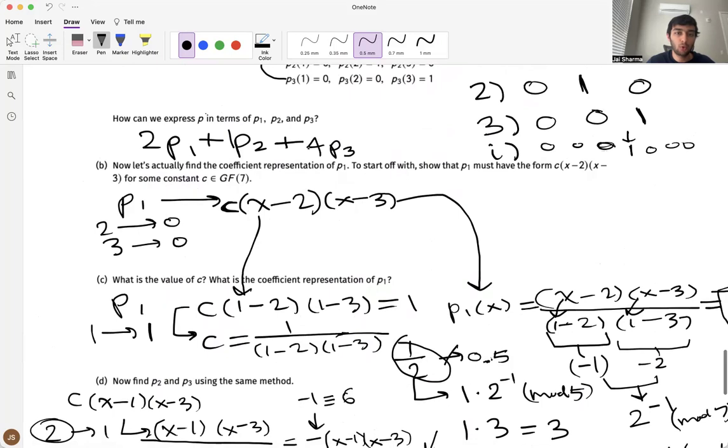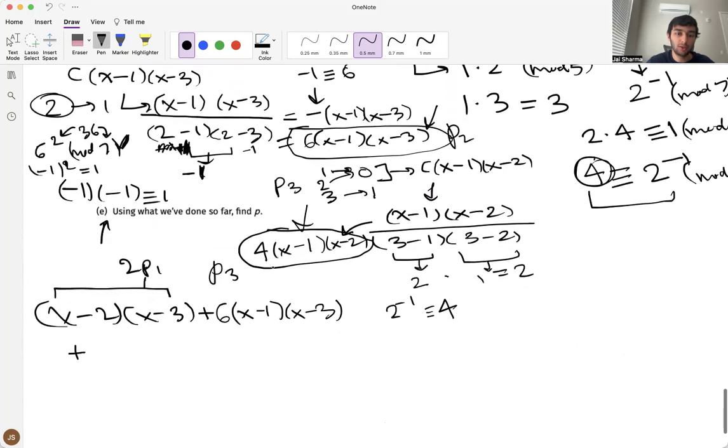It was 4, right? 4P3. So we want to multiply this thing by 4. 4 times this 4 gives us 16, but mod 7, that's 2. So we just get a 2 times x minus 1 times x minus 2.